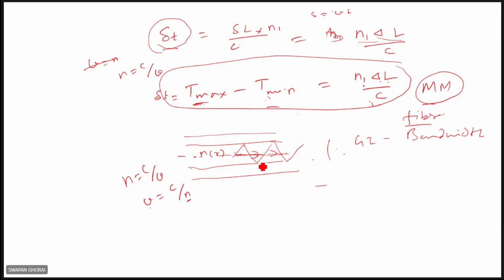In this case, the marginal ray travels a longer distance, but since the refractive index is less, the velocity will be maximum. Though they are traveling a longer distance, since the velocity is very high, they will arrive at the same time. In this way, in case of GI fiber, you can minimize this time difference, and in turn, you can have a high bandwidth fiber.